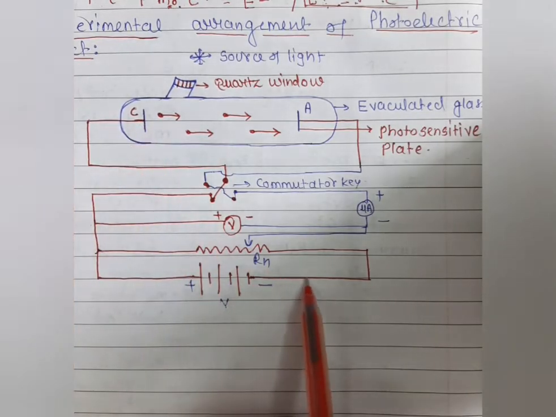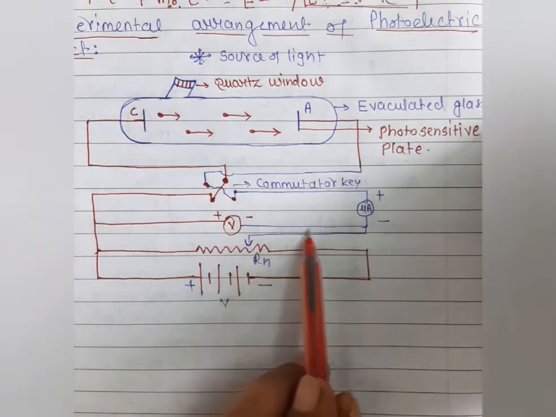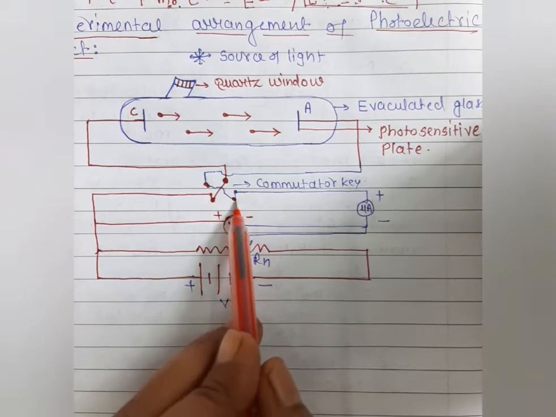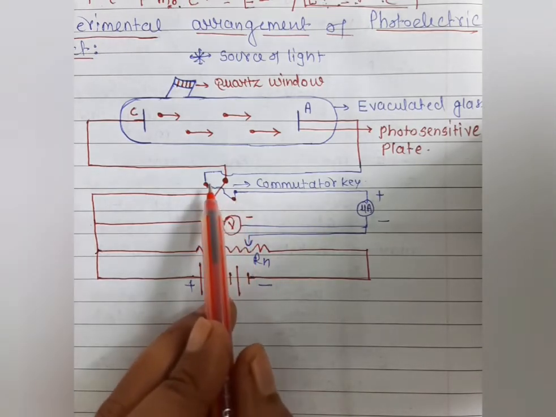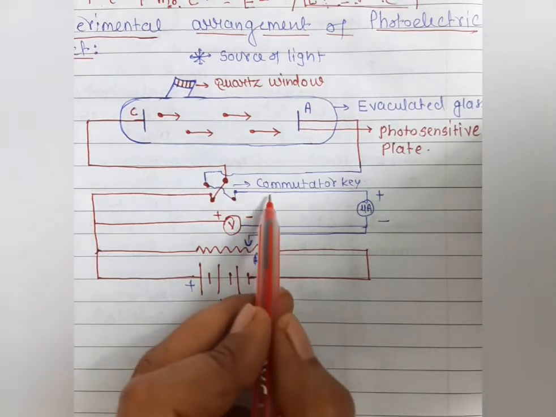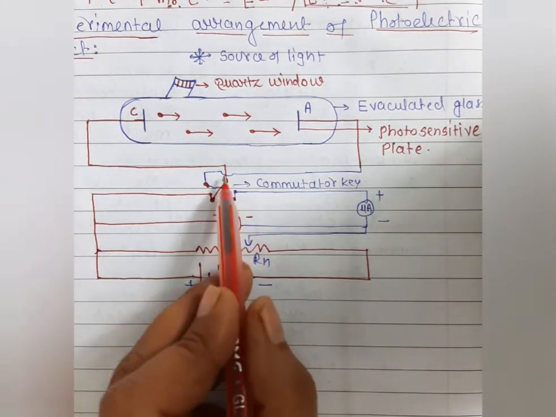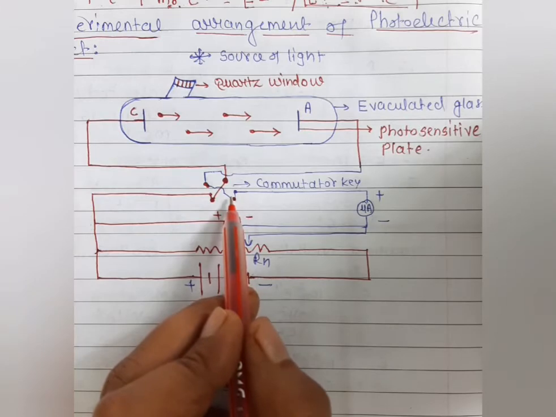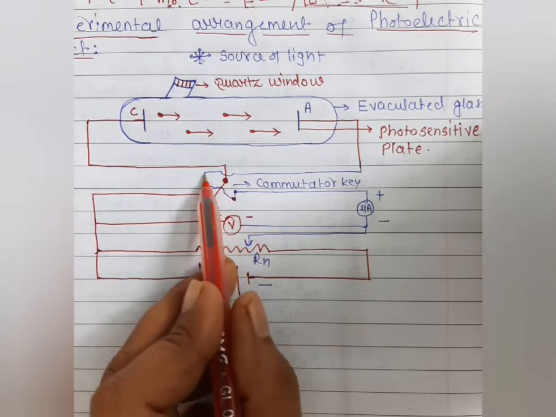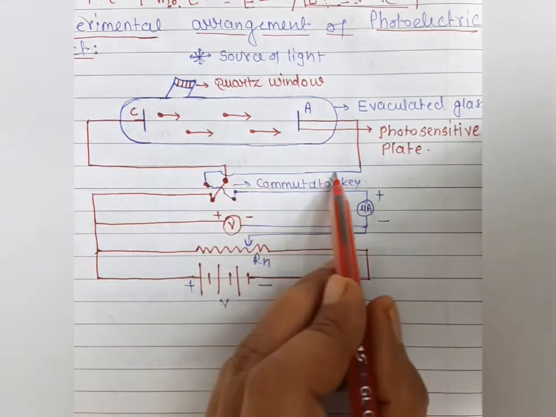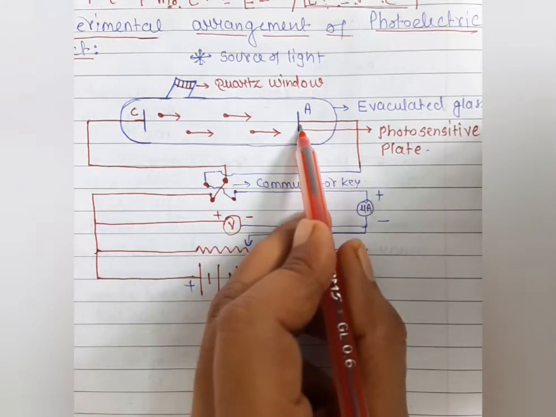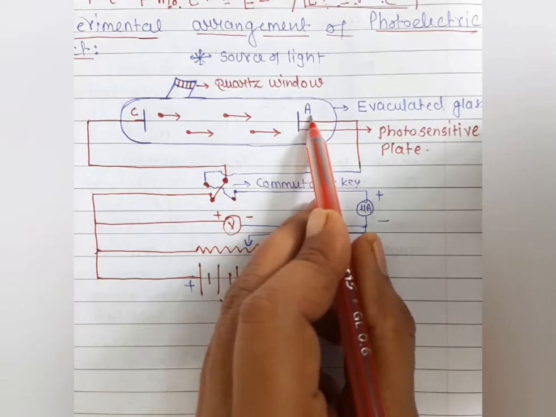And the negative side of this key is connected on this side. As you know very well, the mutual connection is present in the commutator key. That's why it is called a commutator, because it is connected and communicates in a turning way. Here the negative terminal is connected with this plate, and this plate acts as the anode.